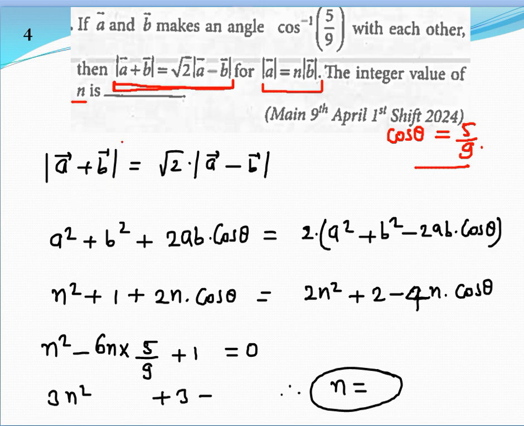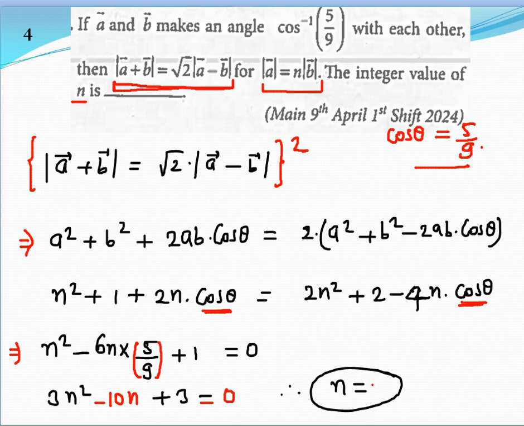So just squaring this complete given relation and applying the formula a square plus b square plus 2ab cos theta, and a square plus b square minus 2ab cos theta, arranging them and putting the value of cos theta equal to 5 by 9, we get the relation 3n square minus 10n plus 3 is equal to 0.